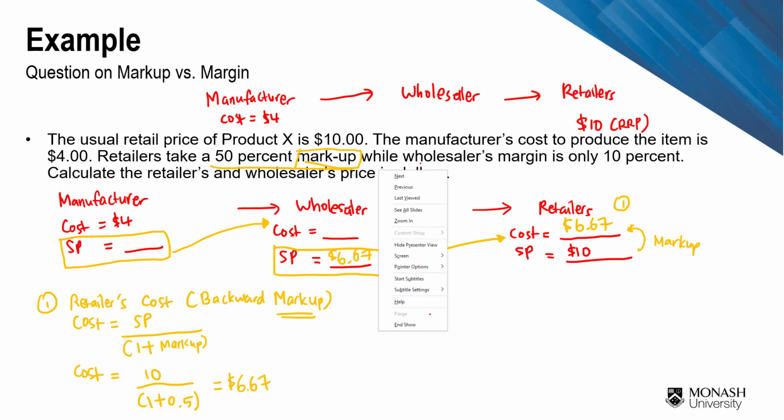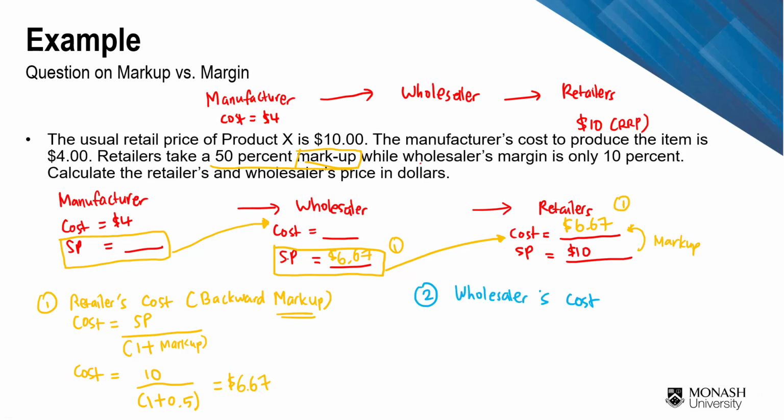Okay, I'm going to use a different color to indicate number 2. Now, number 2 is that I'm going to find out the wholesaler's cost. In this case, I know the selling price is $6.67, and I want to find out the cost again. I know the selling price. So again, this is going to be the backward. And in this case, it's margin. So in this case, it's backward margin.